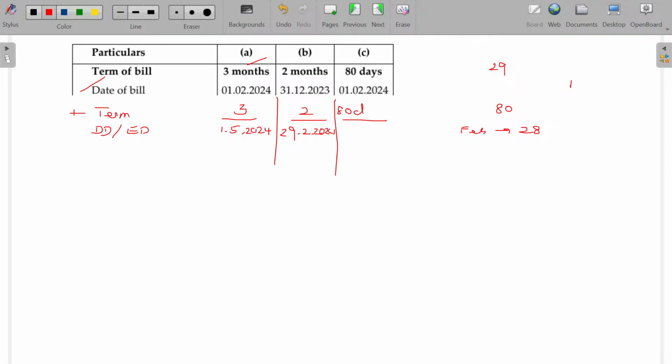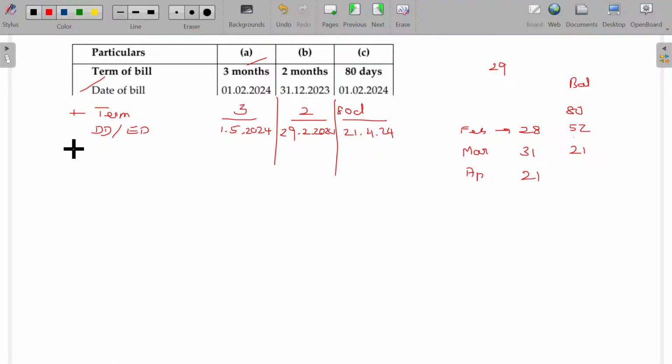Still how many days are in balance? 52. Am I right? Then March has 31 days, so out of 52, 31 has gone. So 21 days are still there. April, naturally 21 will be the date. The last date will be included. So 21st April 2024 will be the due date or expiry date.